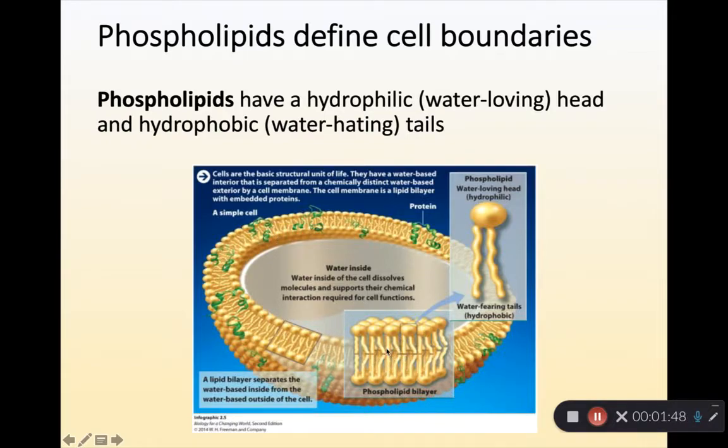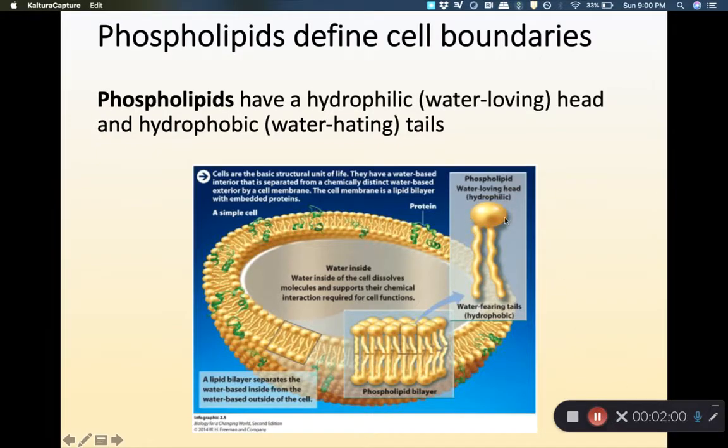So you have this phospholipid bilayer where you have these water-based interiors, and you have these hydrophilic, water-loving heads and then these hydrophobic tails. Ultimately, what this helps do is keep the water that's inside contained structurally in the cell, and the water that is outside contained as well.